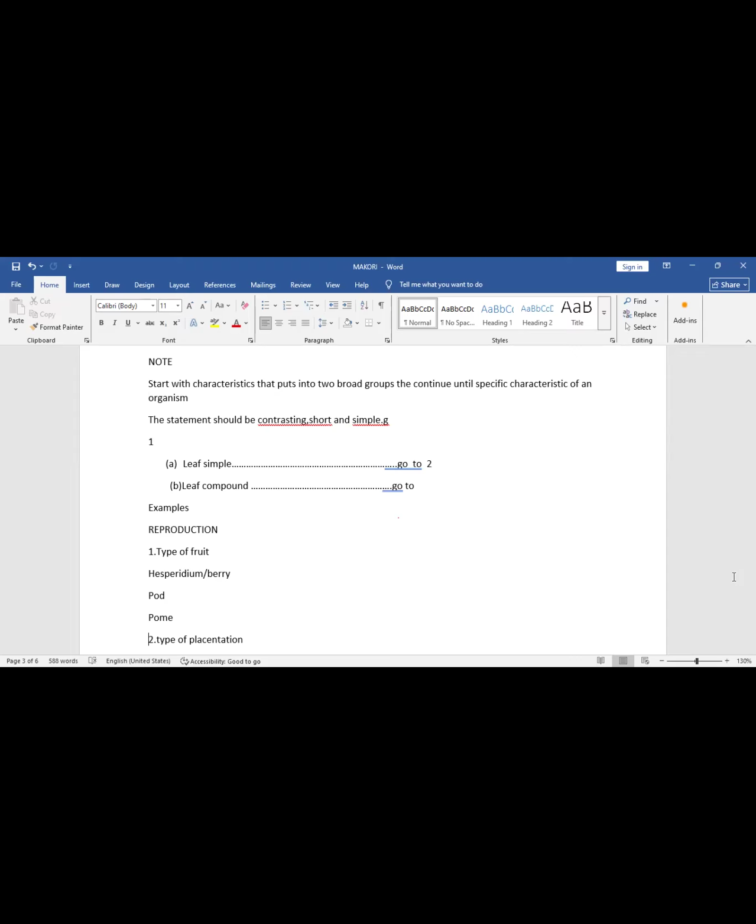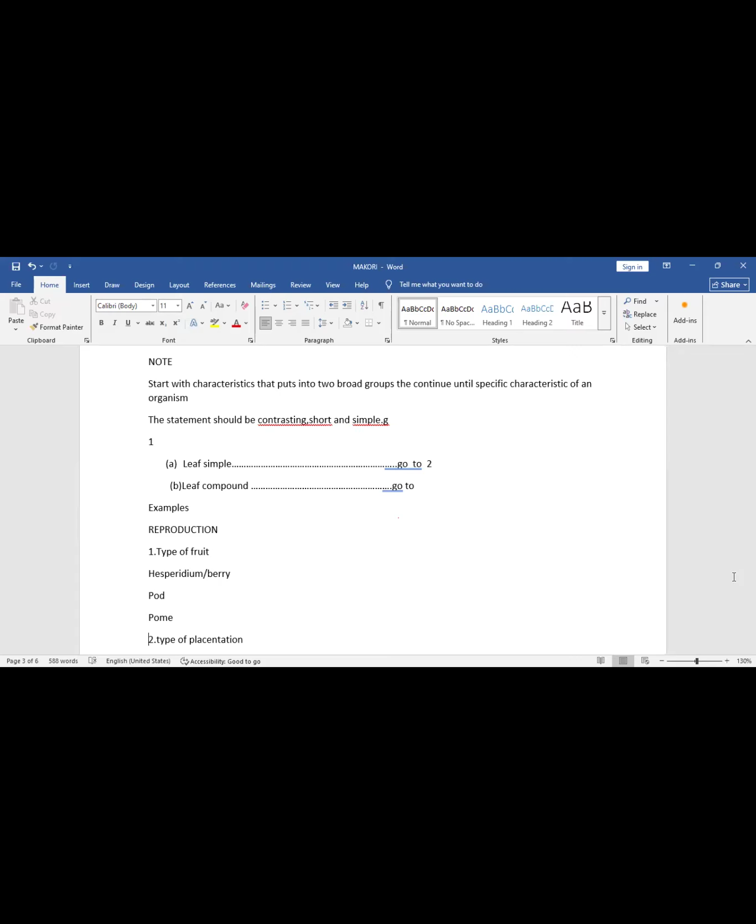But if we have time, we will discuss that dichotomous key together and understand about it. So that is on the dichotomous key and whatever we are supposed to consider on that.